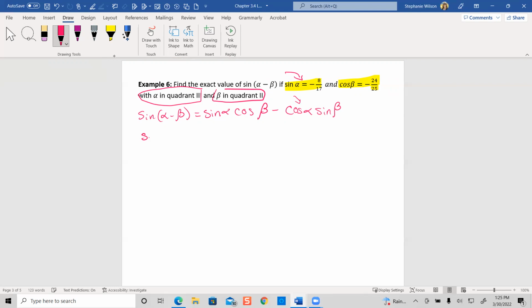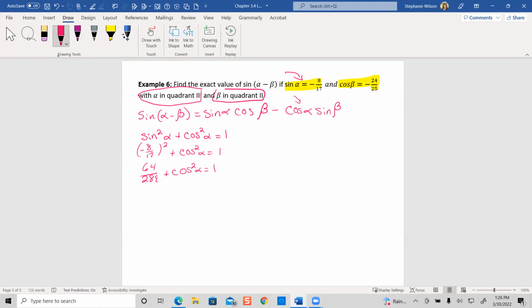Well, when I do that, I'm going to use the Pythagorean identity. So what I'm going to do is plug in right here the negative 8/17 for the sine. And we're going to go ahead and square it. It gives me 64 over 289. And then I want to get cosine by itself.